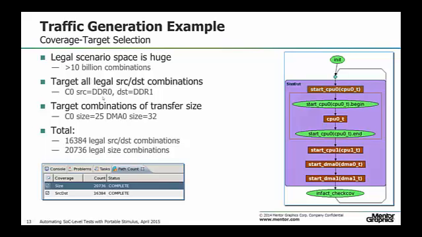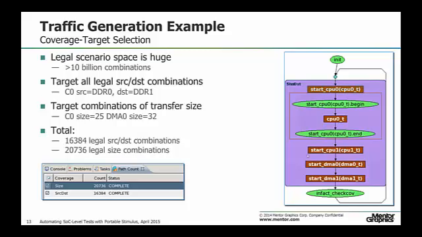So we want to reduce it, so we only want to target certain source and destination combinations, actually all of the legal ones, which is shown by this purple box on the diagram, which is overlaid on the graph. And there are certain combinations of transfer size that are interesting in this particular scenario.